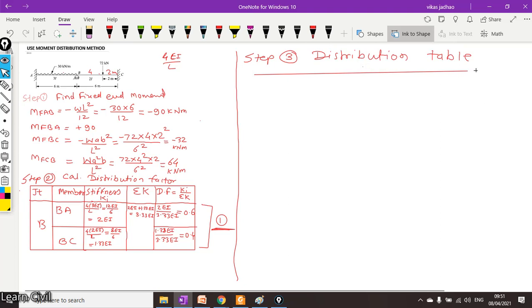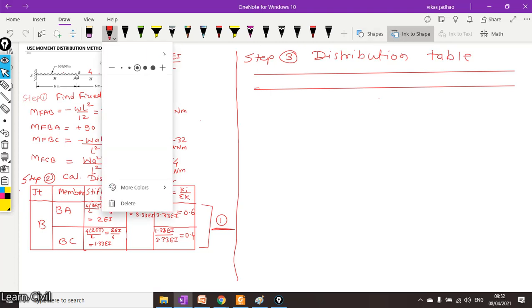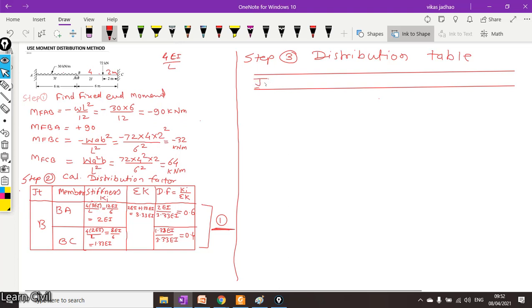We'll prepare a table. First write down joint, then write down all the joints, that is, we have joint A, joint B and joint C. Then write down the members which are meeting at each joint. At joint A, AB is the member meeting.